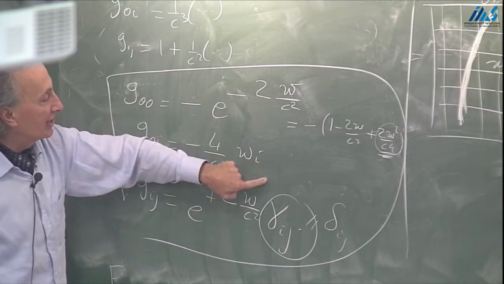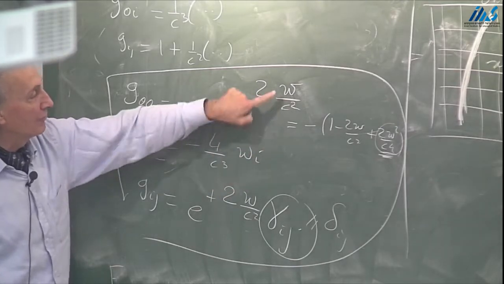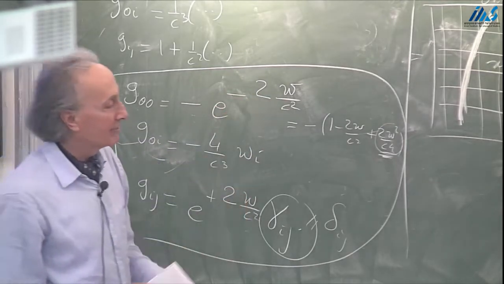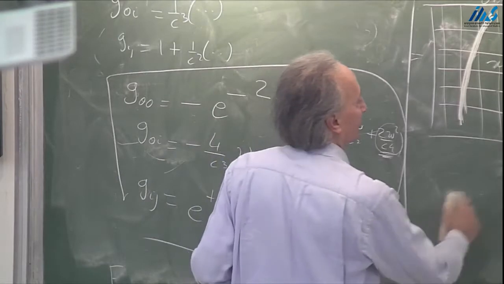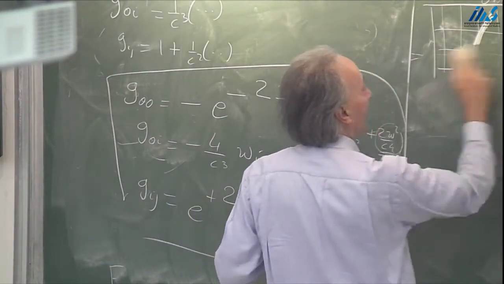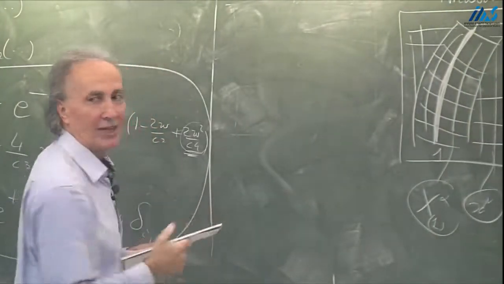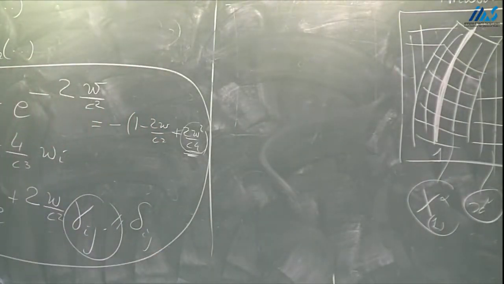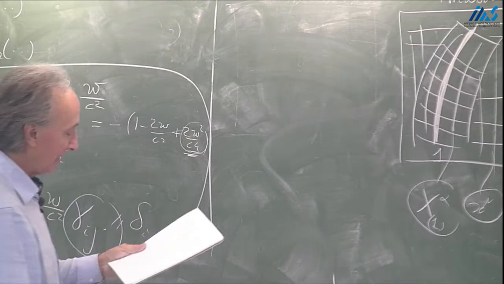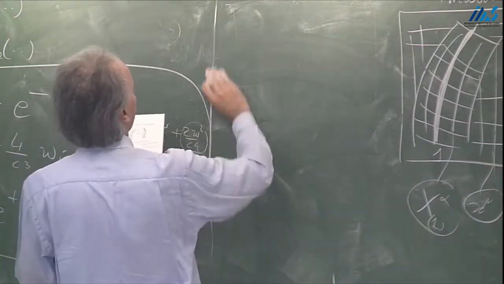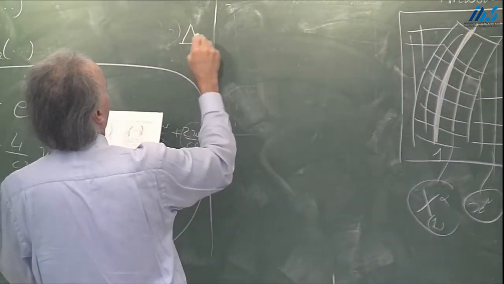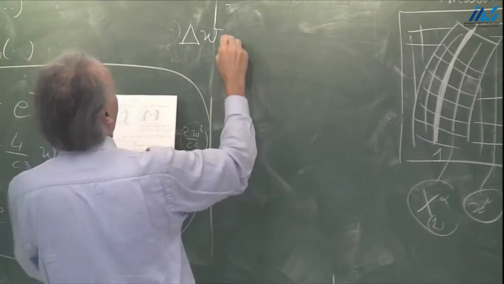And now Einstein equations will give you two equations for W and Wi. And the nice thing is that these equations are linear. And because of this, you will be able to solve them in each frame as easily as in any other frame. Let me write these equations that you don't find in textbook.